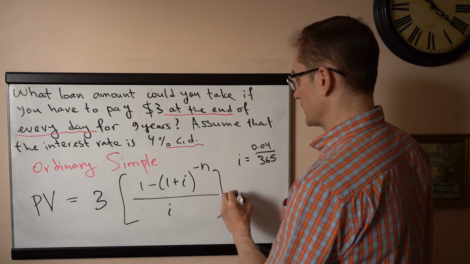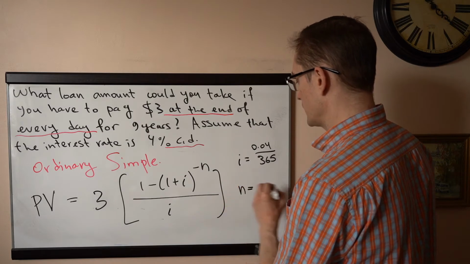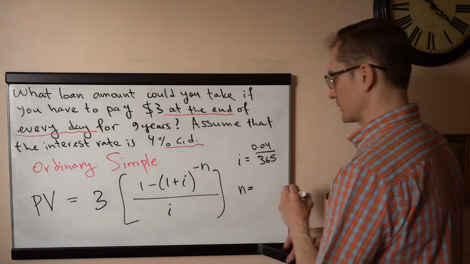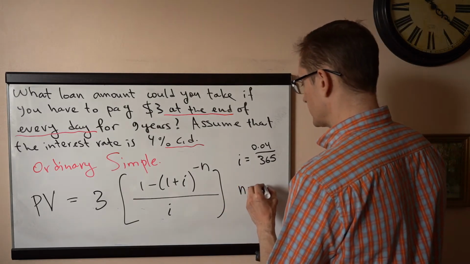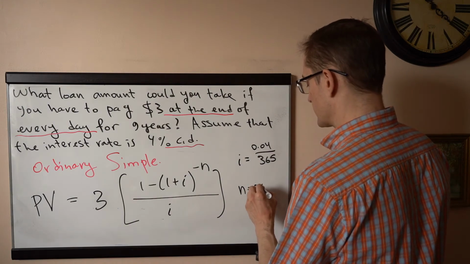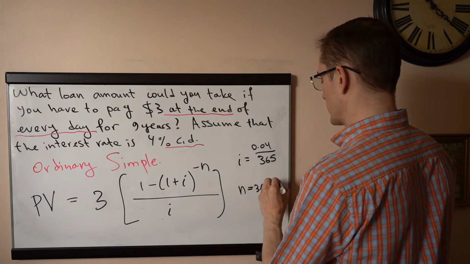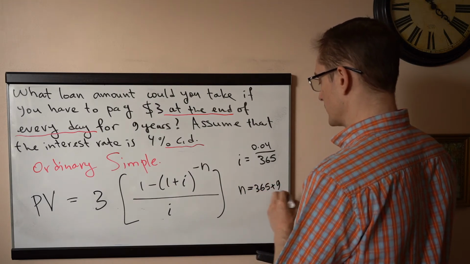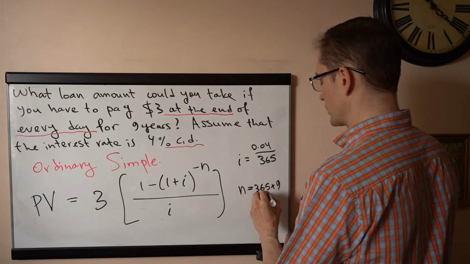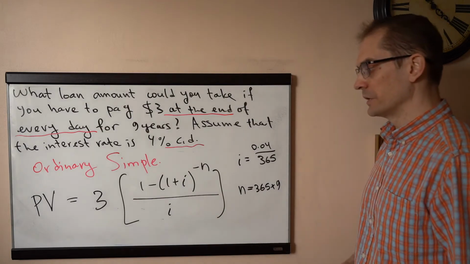Next is n. What is the total number of periods? Total number of periods is, of course, 365 times 9, because there are 365 days per year, and there are 9 years. Right?